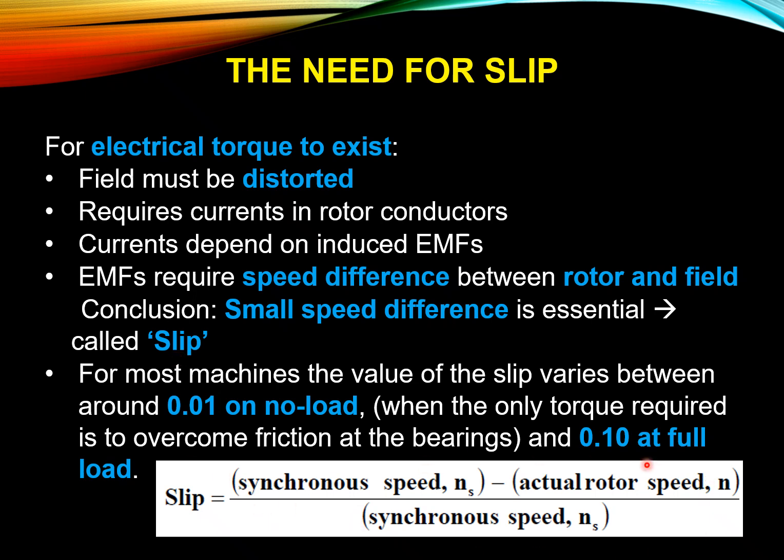This is the formula to calculate slip. For most machines, the value of slip varies between 0.01 at no load, meaning nothing is attached to the shaft of the motor, and 0.10 at full load. So you can calculate the slip using this formula.